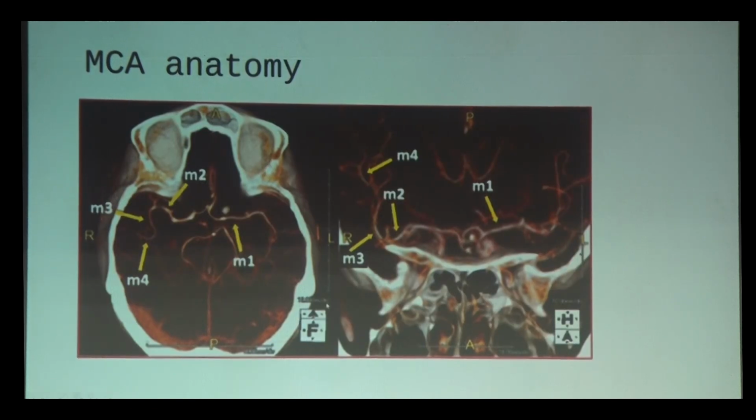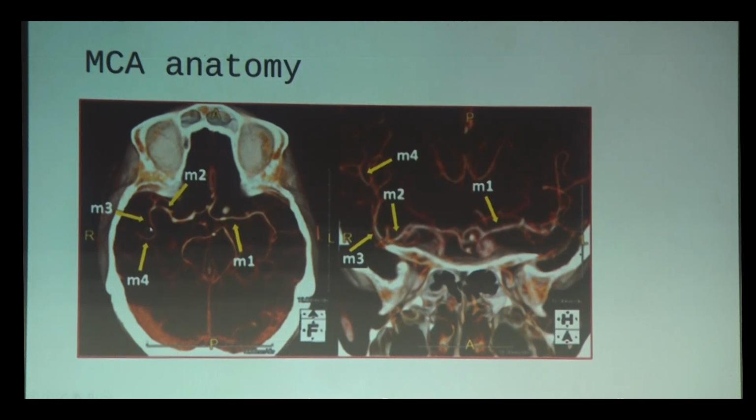This is just brief, because we will be talking in terms of M1 occlusion, distal M1 occlusion, M2 occlusion, M3 occlusions. So just to know our vocabulary: after the ICA origin, this is the A1, this is the M1, the immediately proximal MCA, and this is the M2, just at the bifurcation level.